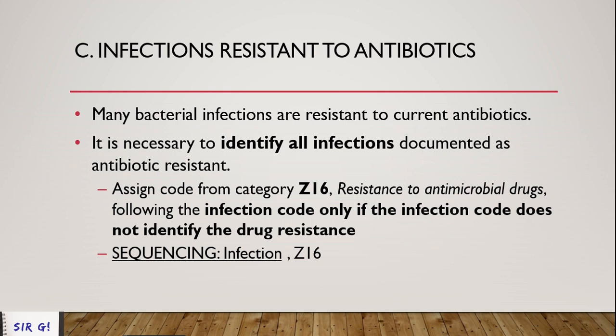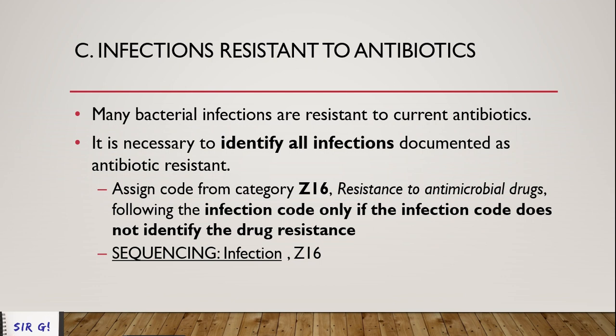Okay, so for example, if there are multiple infections the patient may have, and they are already treated with antimicrobial drugs to which the microorganisms are already resistant, assign code for category Z16, resistance to antimicrobial drugs, following the infection code only if the infection code does not identify the drug resistance.